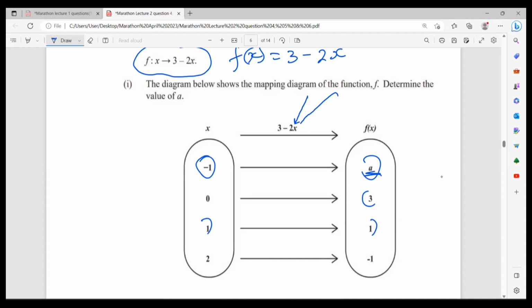So basically, f of -1 you need to find. You want to put -1 where x is and see what you get. A is equal to 5.